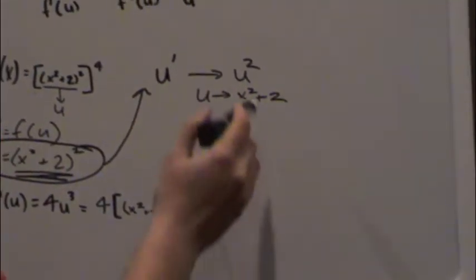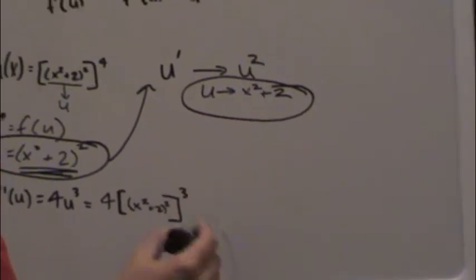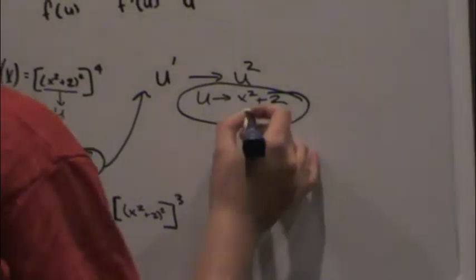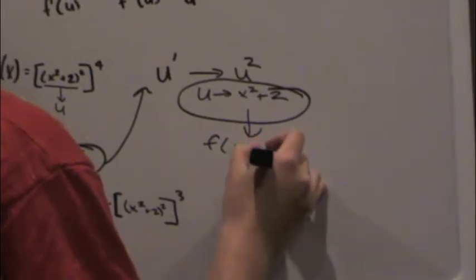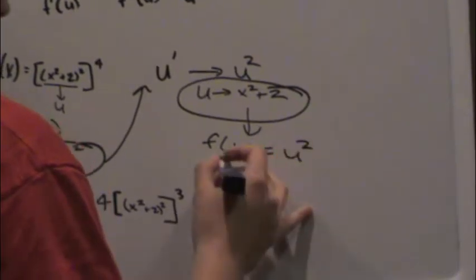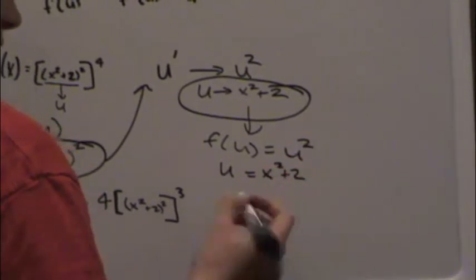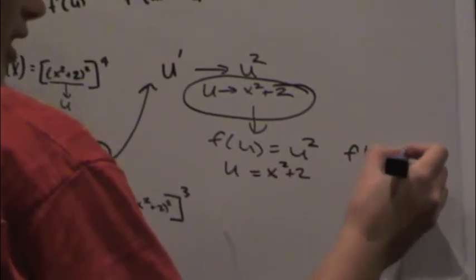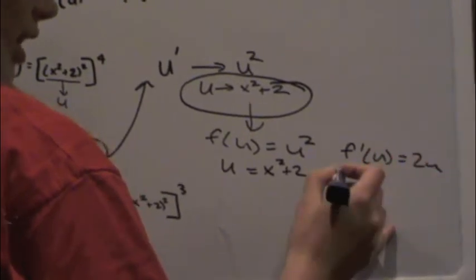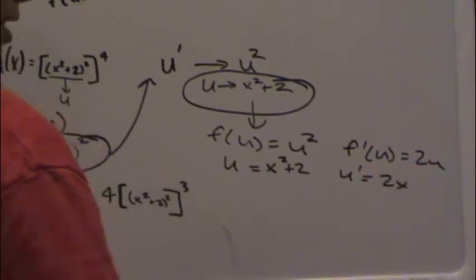And we're going to try to find the derivative of this whole thing using another chain rule. So f of u in this case equals u squared. U equals x squared plus 2. So f prime u equals 2u, and u prime equals 2x.